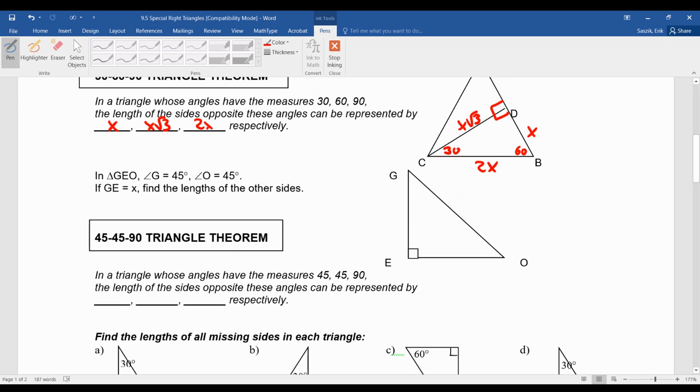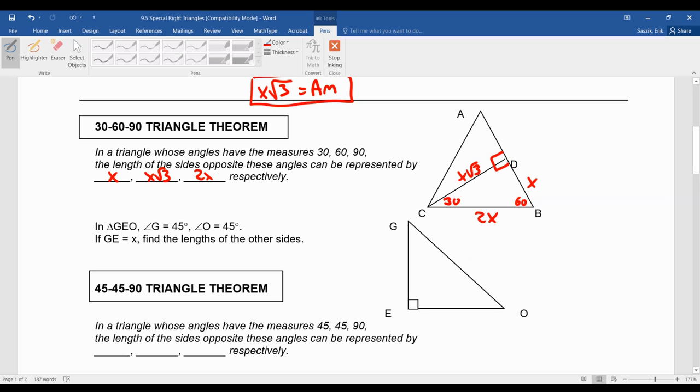Now we can do the same proof in a 45, 45, 90 triangle. If GE is x, and these are both 45, that means it's isosceles. That means that's x as well. So here, you don't have to take my word for it. We'll prove it. Leg squared plus leg squared equals hypotenuse squared.